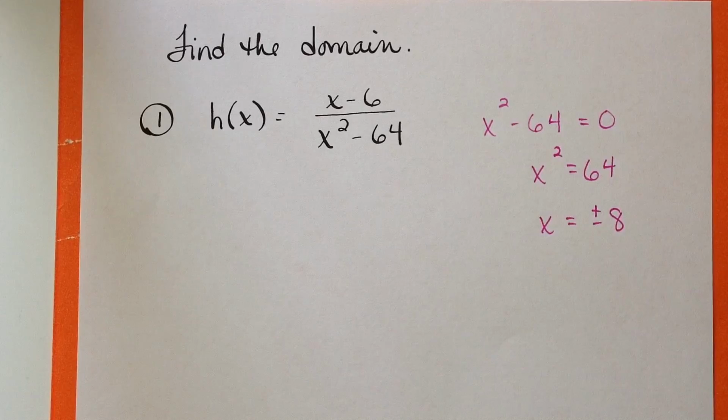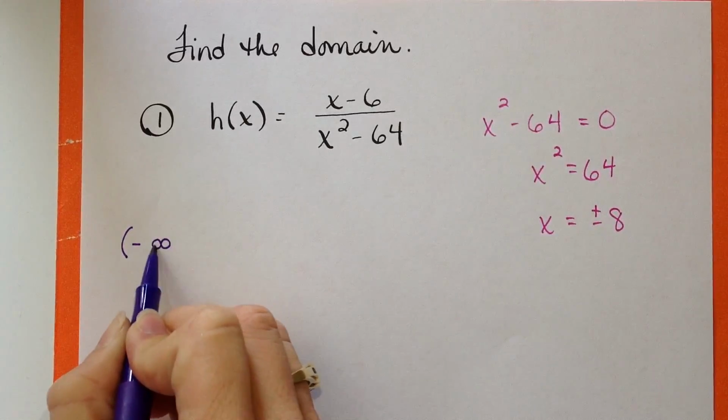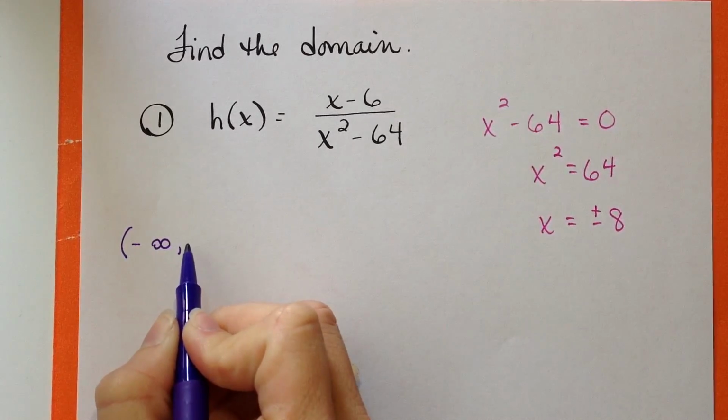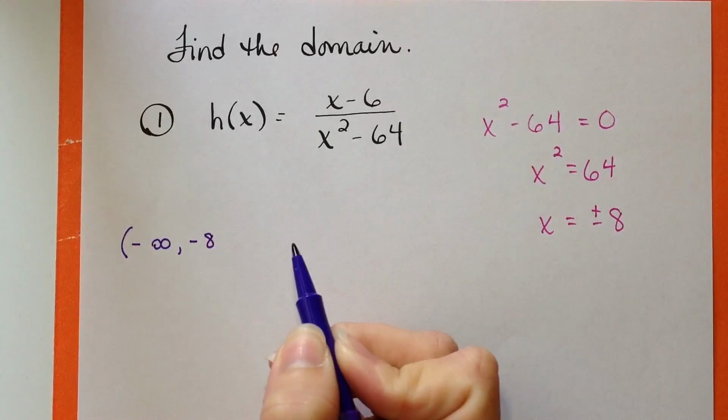Now, taking this and writing it in interval notation, of course, as it started out, it says domain is the set of all real numbers except. So when you're thinking about the set of all real numbers, you're thinking negative infinity to positive infinity. But we do have to leave out the positive 8 and the negative 8. So with interval notation, you would start with negative infinity. And if you're just following your number line, say from left end to the right end, you would come across the negative 8 first.